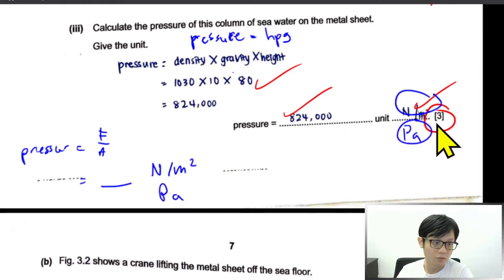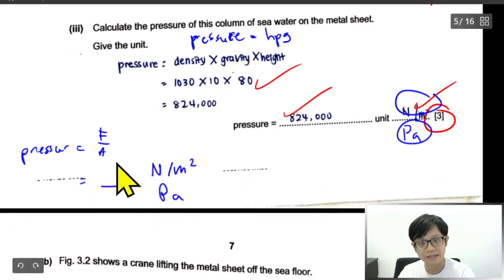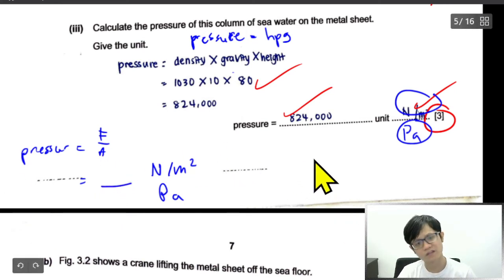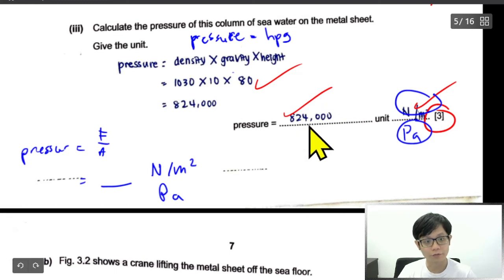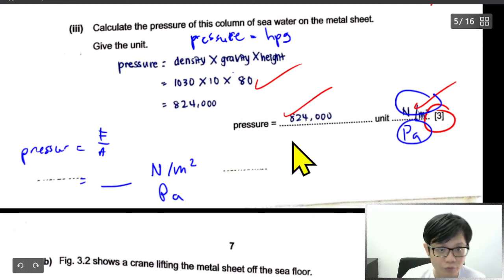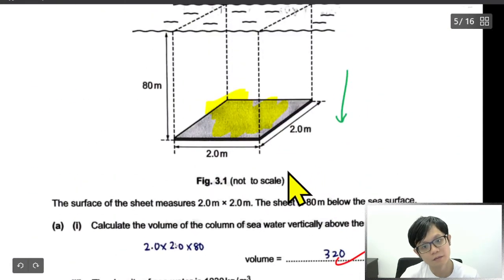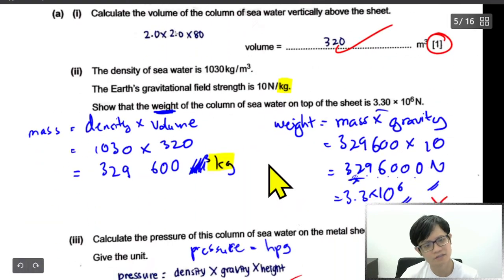You can calculate the pressure, or you can increase the pressure by reducing the area. With this pressure of 824 for a human, you can try using something and reduce it to the surface area. You get back the 824 pressure and put it on yourself, see whether something bad will happen or not. 80 meters, I think humans cannot swim until here. Can humans swim until here? I'm not sure. 80 is very dangerous already.